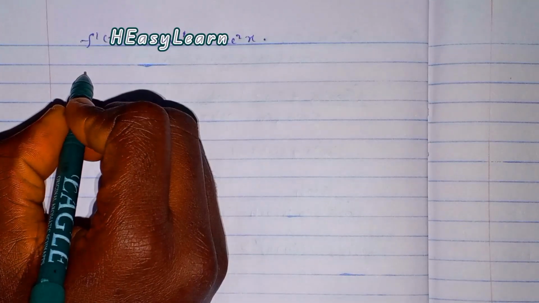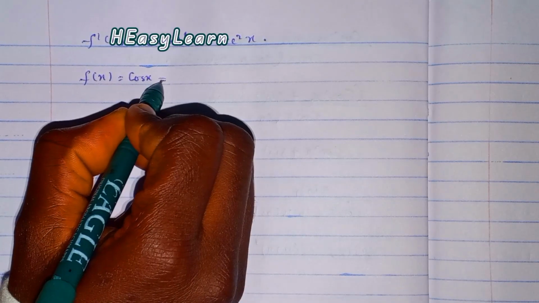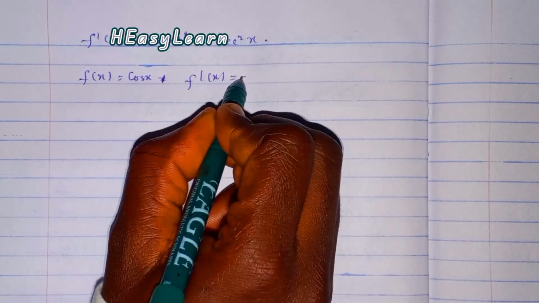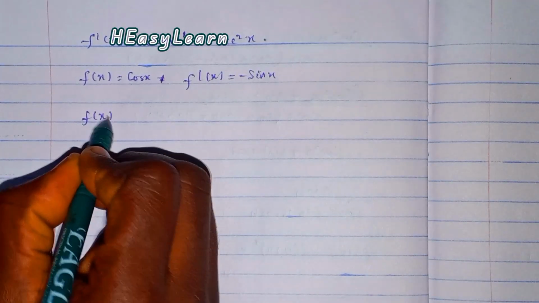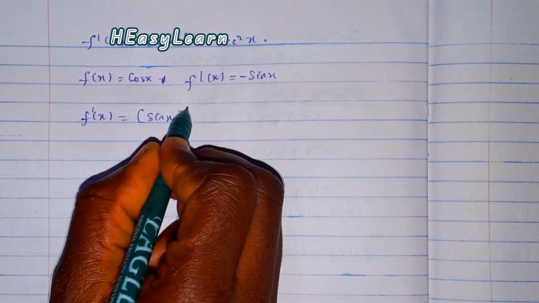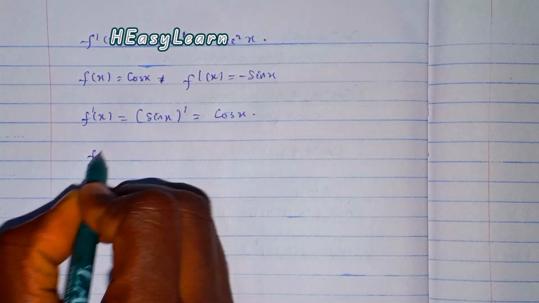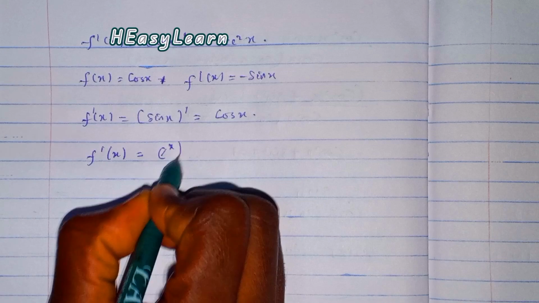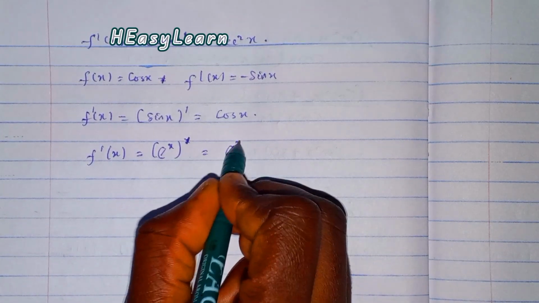The derivative of the function cos x using first principle is minus sine x. The derivative of the function sine x is equals to cos x. The derivative of the function exponential x is equals to exponential x.